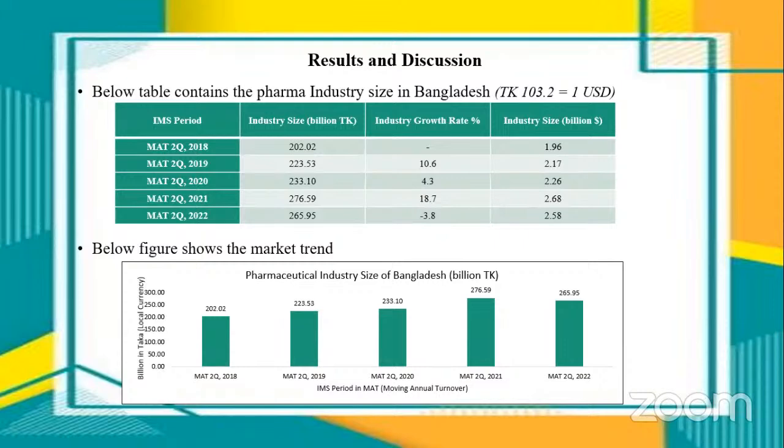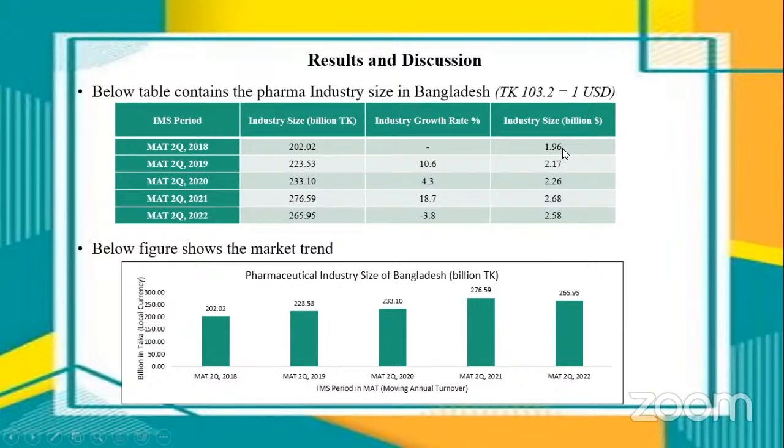Now, results and discussion. The table here shows that in MAT 2Q 2018, the industry size of Bangladesh is 202.02 billion taka. Taka means Bangladeshi local currency. If we convert it to US dollars, it turns out at 1.96 billion US dollars.